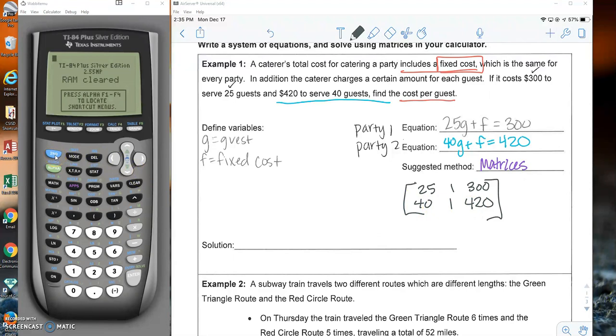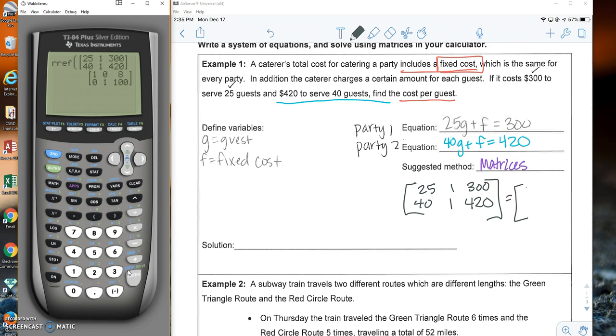So I'm going to go to my matrices. So second matrix, math, scroll to B, enter. Alpha zoom, I want a 2 by 3. And I have 25, 1, 300, 40, 1, and 420.